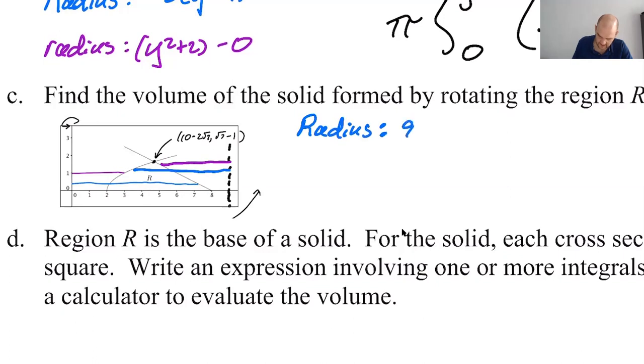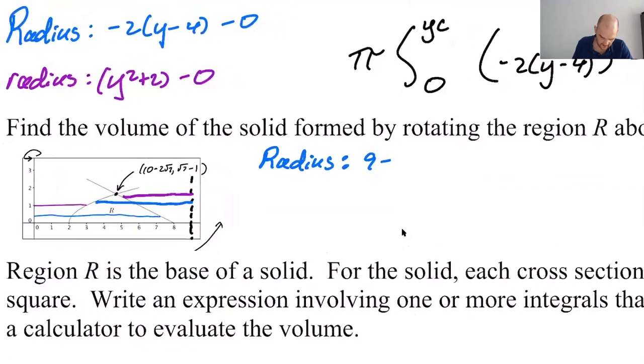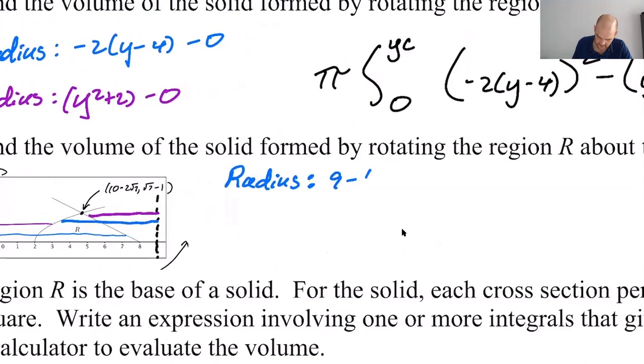So it's x equals 9 minus the quadratic thing, which is y squared plus 2. And then our little radius is going to be right take away left. So it's 9 minus the linear thing. So that's going to be 9 minus the quantity -2 times y minus 4.